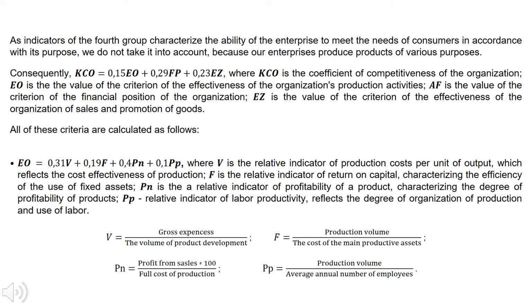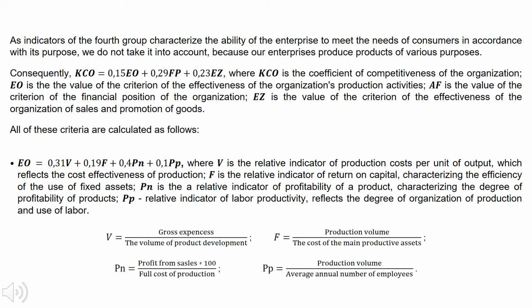All of the criteria are calculated as follows. EO equals 0.31V plus 0.19F plus 0.4 Pn plus 0.1 PP, where V is a relative indicator of production costs per unit of output, which reflects the cost effectiveness of production.